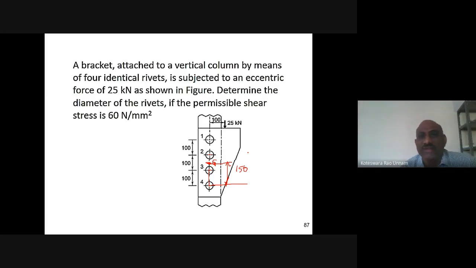So once I identify the G value, then next I need to identify the R values, that is R1, R2. Here I have four rivets, so I need to take four values, up to R4. So what is the R1 value? R1 is nothing but the distance between the center of rivet 1 and the center of gravity.